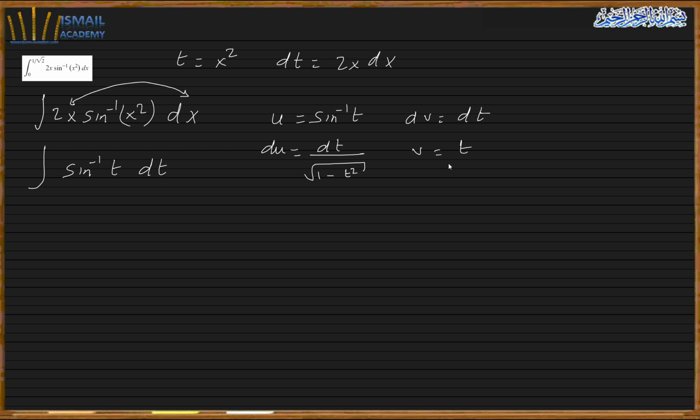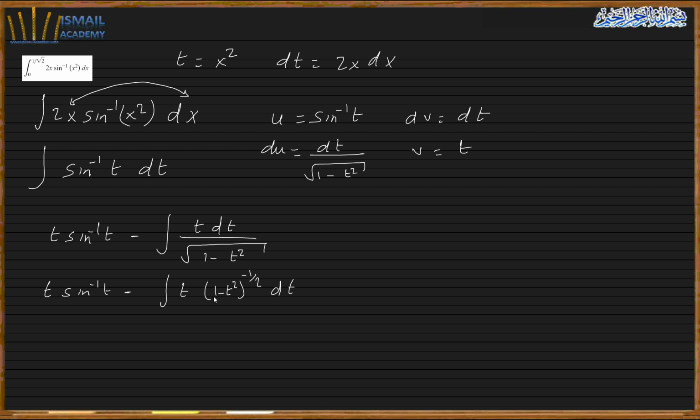So now it's going to be uv, so it's going to be t sine inverse of t minus the integral of t dt over square root of 1 minus t square, which is the same thing as t sine inverse of t minus the integral of t times 1 minus t squared to the minus half dt.